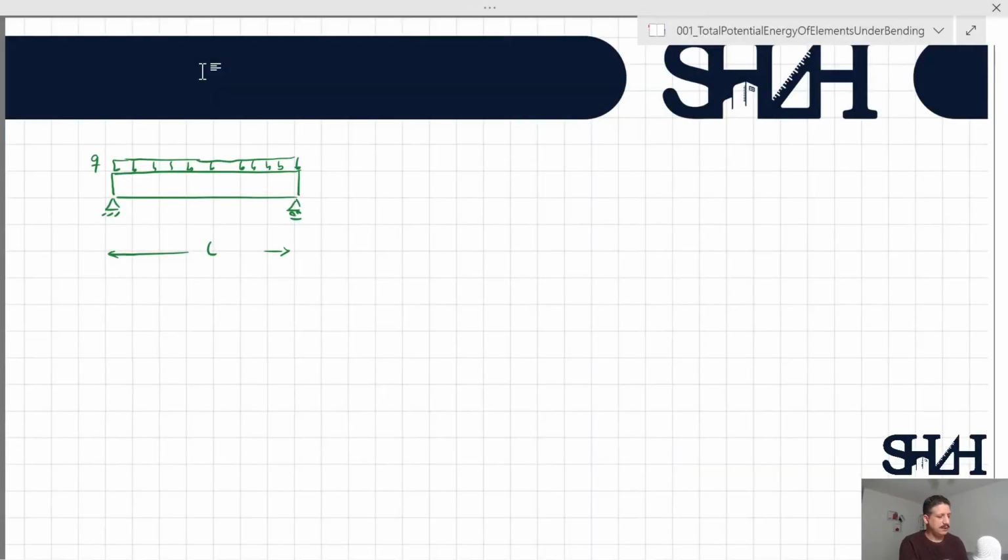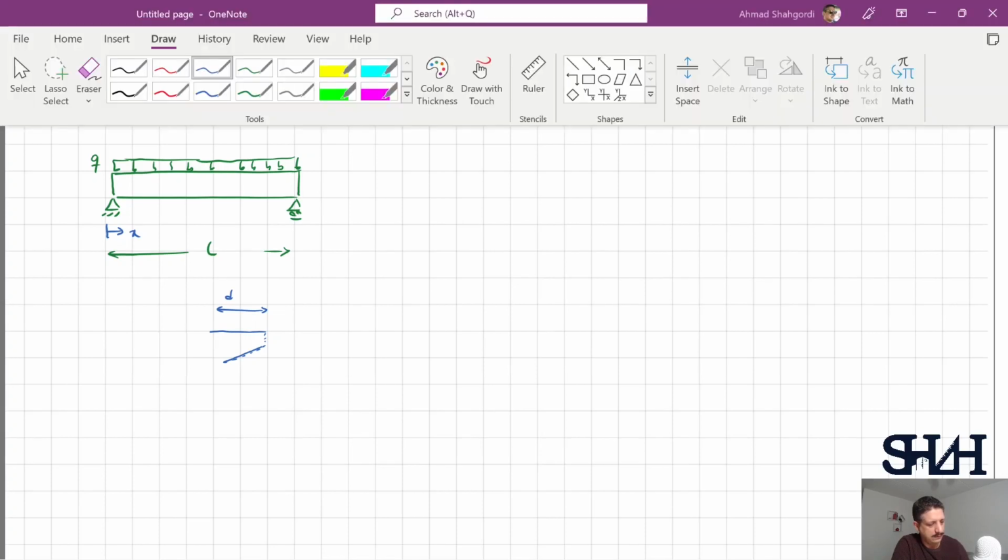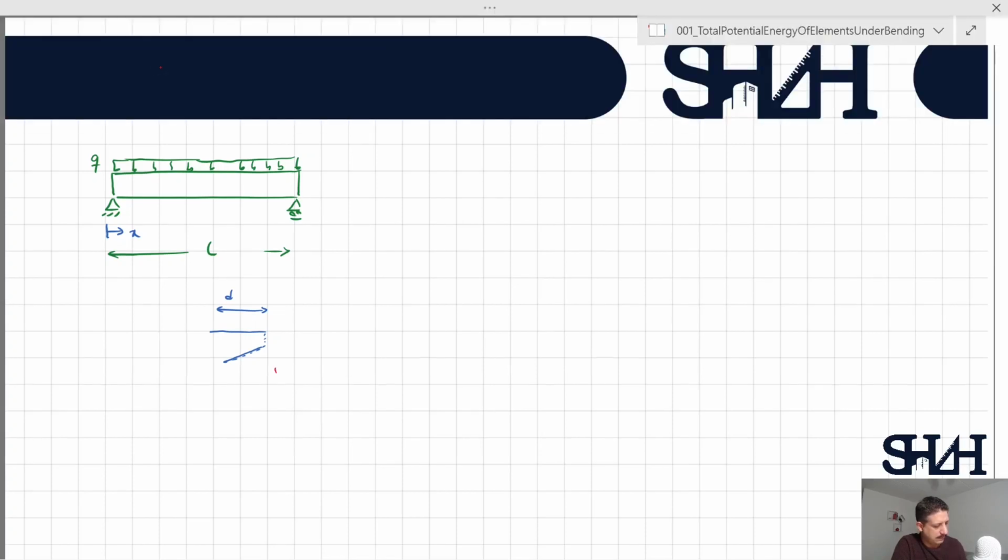For this, we select a tiny length of the element. Assume that the horizontal or longitudinal direction of the element is called x. This is dx, and after deformation, its length will be again dx.